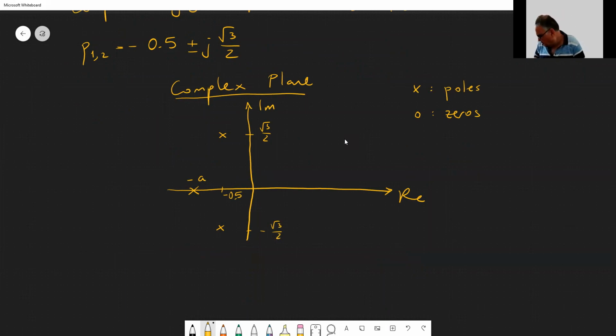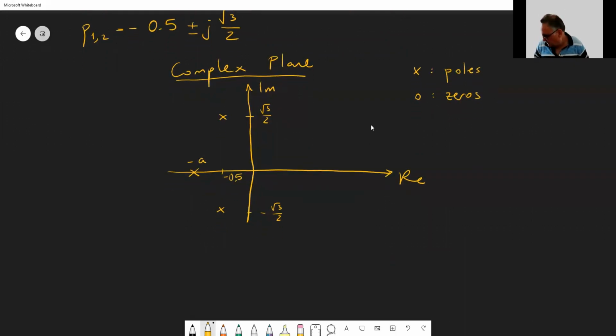The pole locations and the zero locations, if there are any zeros or poles, show how the system responds in general. You might have other poles like these at some other places, or some zeros somewhere. The zeros are shown by these kind of things.